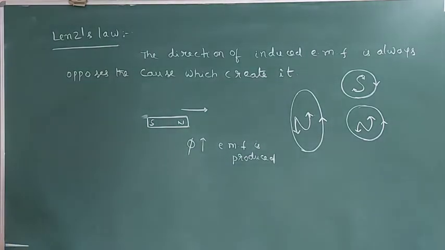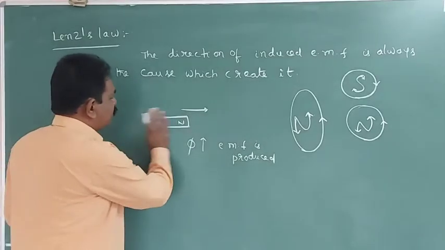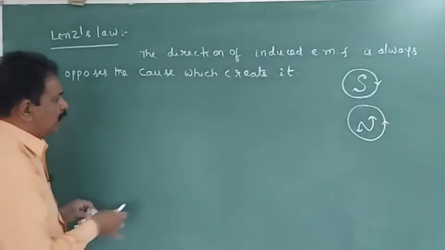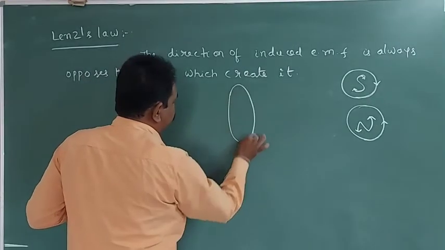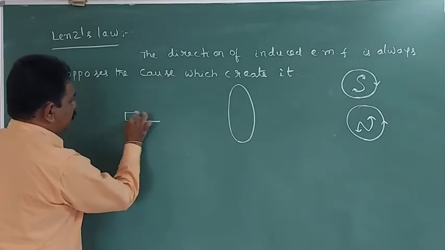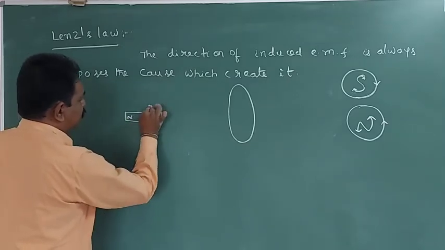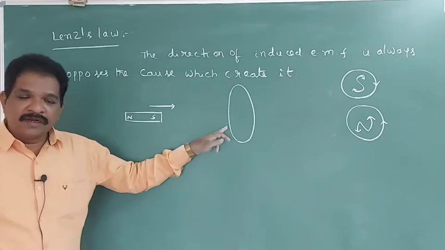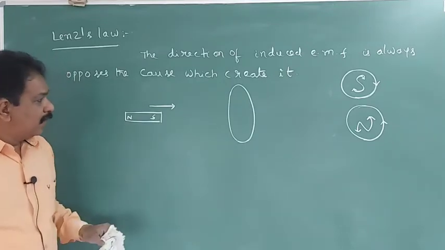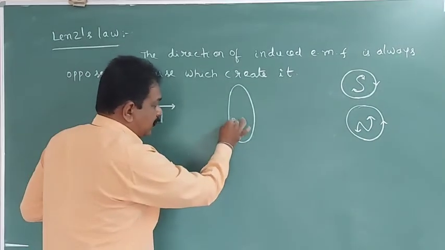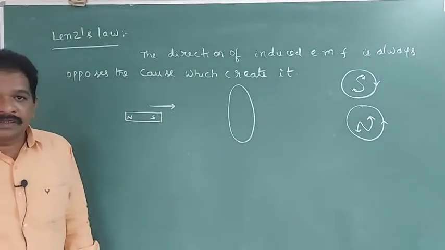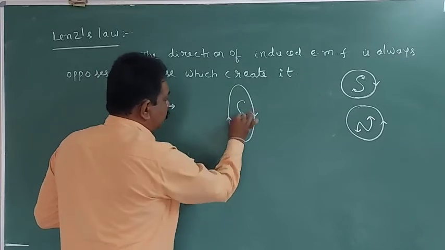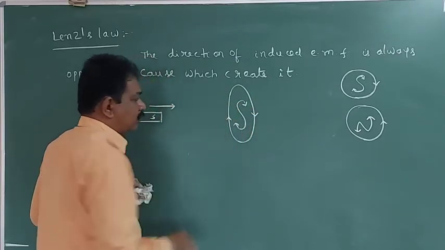Clear? Now if we bring the south pole of the magnet towards the coil, then also flux will increase. Then EMF will send the current in clockwise direction, so that this face will behave as a south pole.